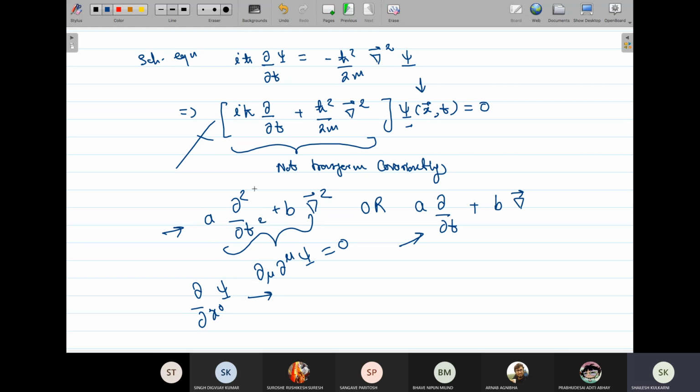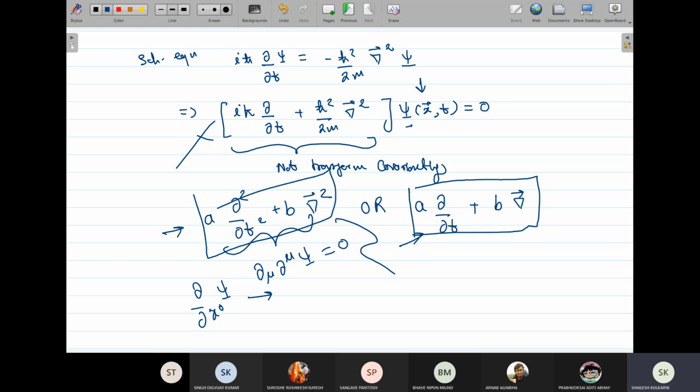So this gives us one equation. This form will give us another equation. First we will discuss this equation. We will end up with what is known as the Klein-Gordon equation.